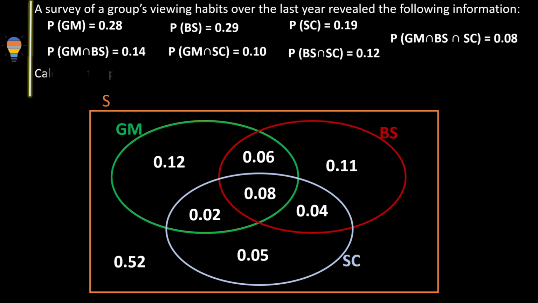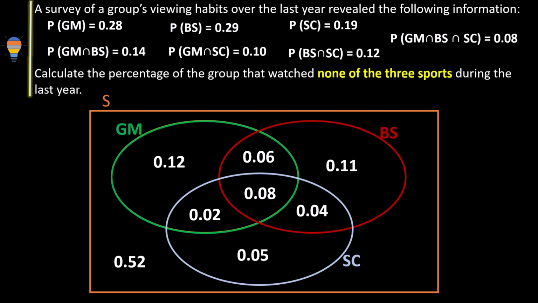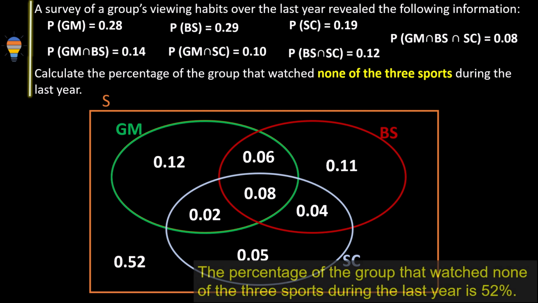Now read the question. Calculate the percentage of the group that watch none of the three sports. So none of the three sports mean what? That is the region or probability outside of the circles. So what is the probability outside of the circles? It is 0.52. Therefore, answer is 52%.